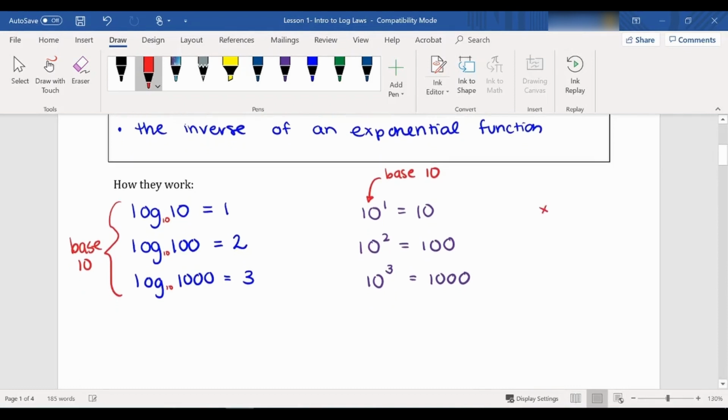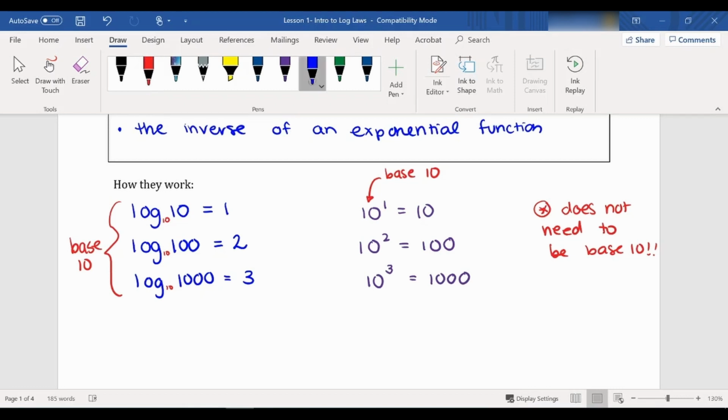Okay? It does not need to be base 10. And that's because why would we always be looking for exponents or powers of 10? The question above, the base was 1.01. So base 10 is not always going to work for us.